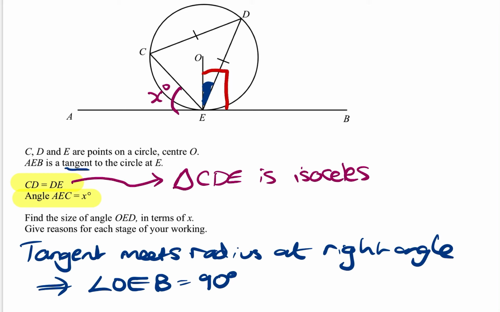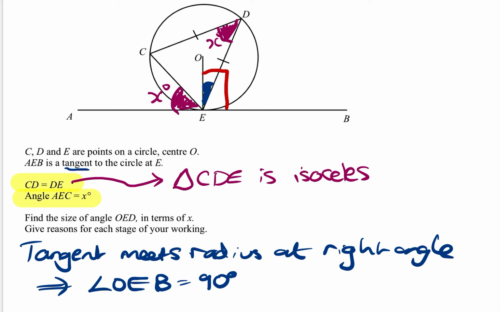All right, how else can we go about this question? The angle we know is X tells us that also this angle here is X. If you want to pause the video and have a think about why that's true, then feel free to. Well, we've got a theorem called the alternate segment theorem. It says that this angle here is the same as the opposite angle in the triangle.